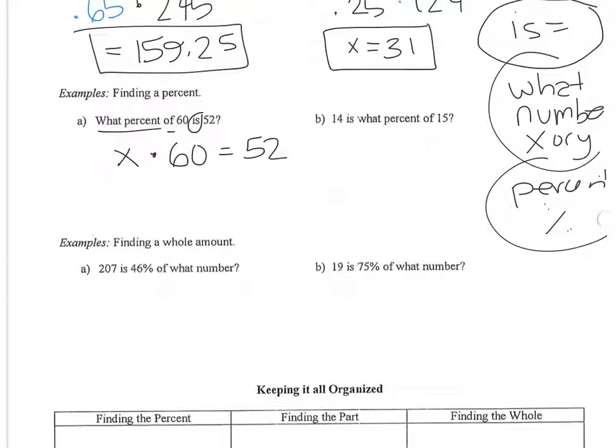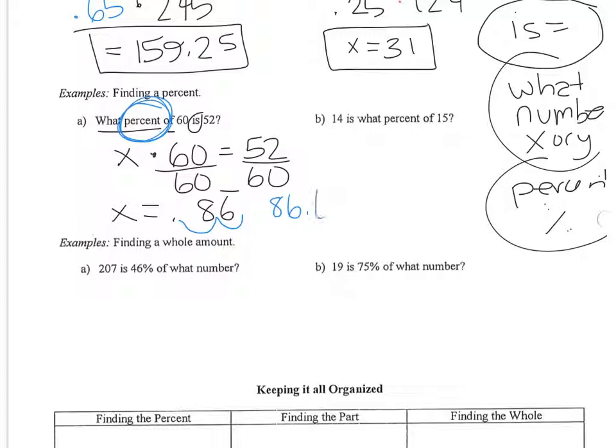When you solve for x, divide both sides by 60. So x equals 52 divided by 60, which is 0.86 repeating. Now you have to go back to they're asking for a percent. So to change this to a percent, you have to move the decimal over twice. So it's 86.6 repeating percent.